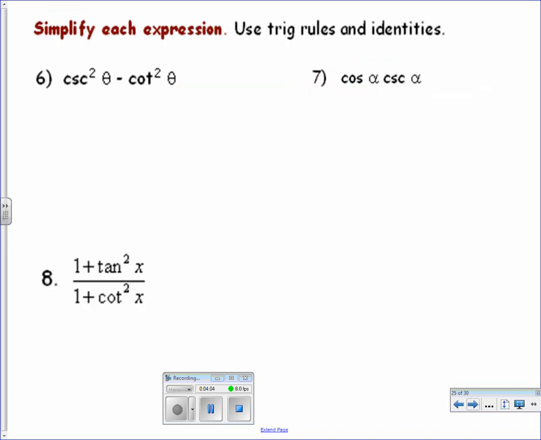All right. Now, for the next one, these are more simplifying, and then we'll actually get into what's called a verified trig identity. So in number 6, we have cosecant squared of theta minus cotangent squared of theta. Okay? It kind of looks almost like a Pythagorean identity, but not quite. So we either got to change one of these. So do you want to change the cosecant or do you want to change the cotangent? Don't change them both.